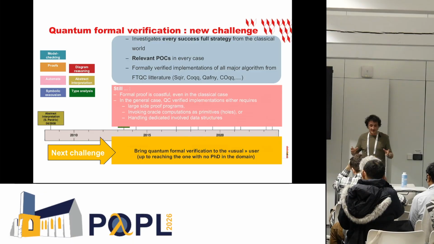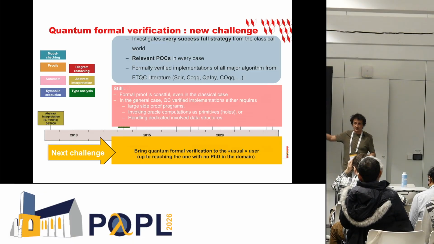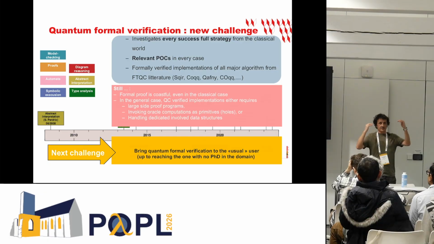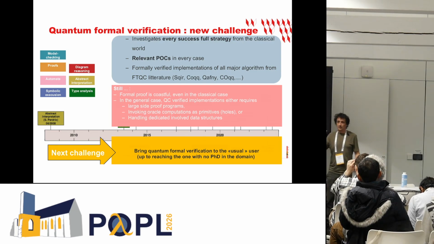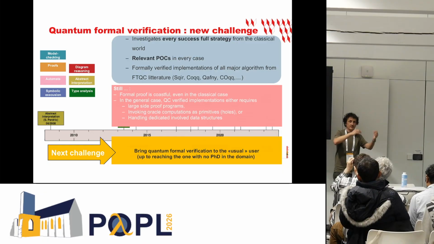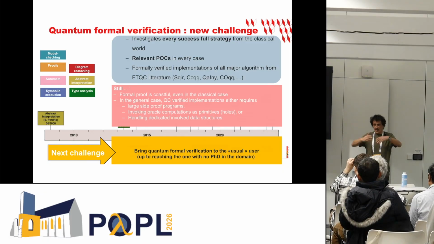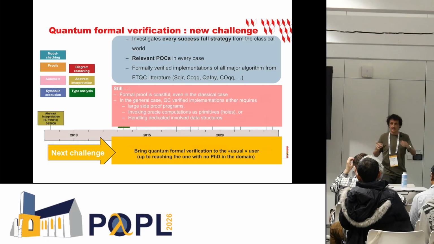And so, in the general case, when it is about quantum computing, we have the implementation of the algorithm. It is formally verified, but at a price: aside the actual implementation, there is a kind of side program that encodes the proof of the satisfaction of the specifications for this algorithm.